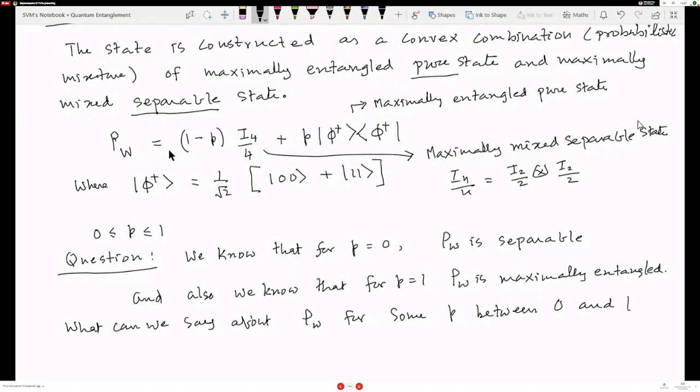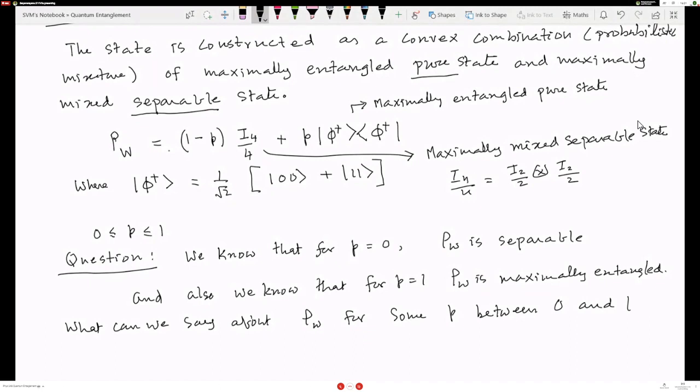Now the point is something like this. Suppose p is very small. That means there is a small component of entangled state. Is that enough to make the entire state entangled? Sometimes we say that if you have a pot full of milk and one drop of poison, the whole thing becomes poison. Is it something like that? p is very small, but it will make the entire state entangled.